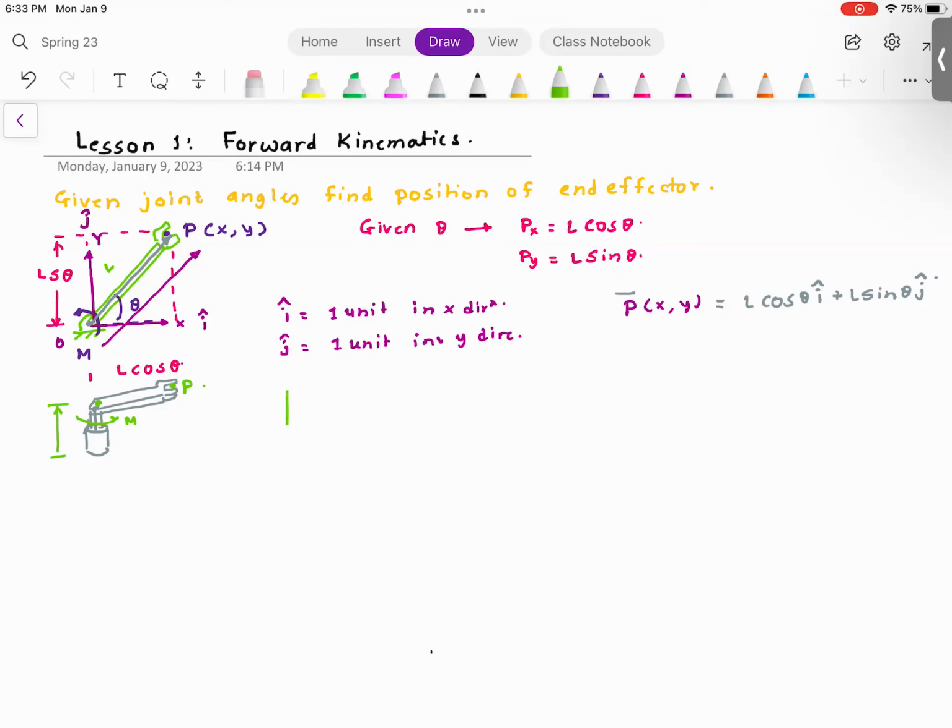So imagine what I have, and this is the most important part. Imagine that I have this coordinate frame x0, y0. Let me not add unit vectors right now. This is x0 and y0. This is the coordinate frame.